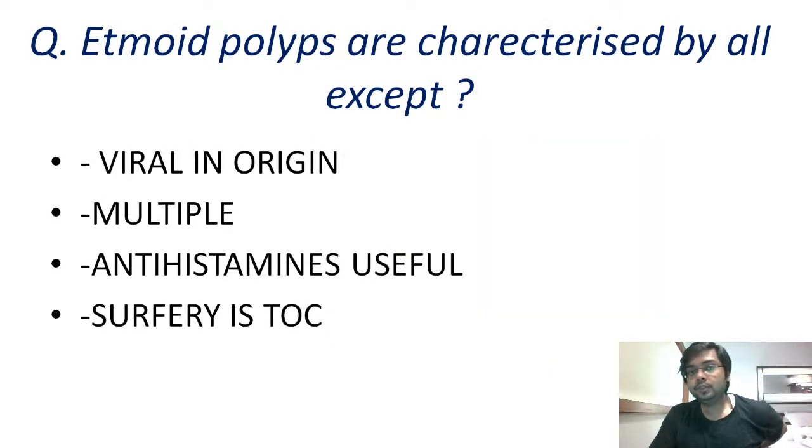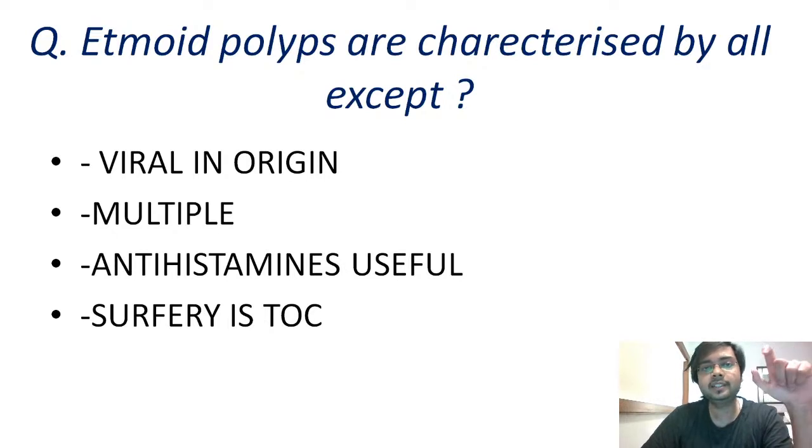Now one question was with regard to polyp. I'll give you a newer perspective with regard to diagnosis through CT scan. First, let us see what question they had asked. They asked that ethmoid polyps are characterized by all of the following except.